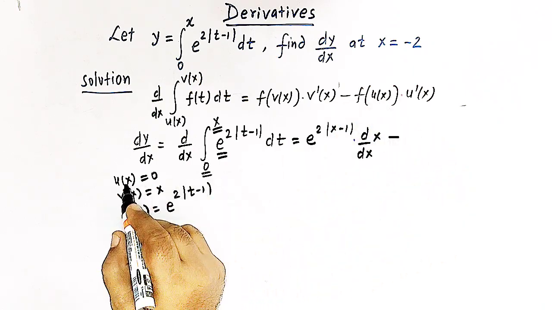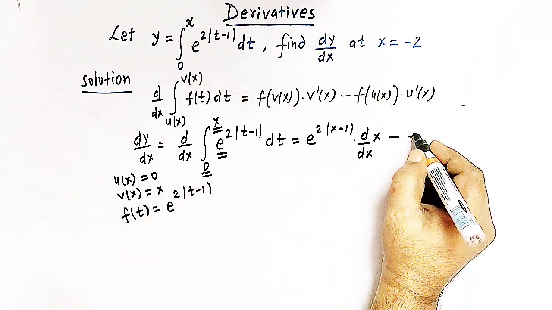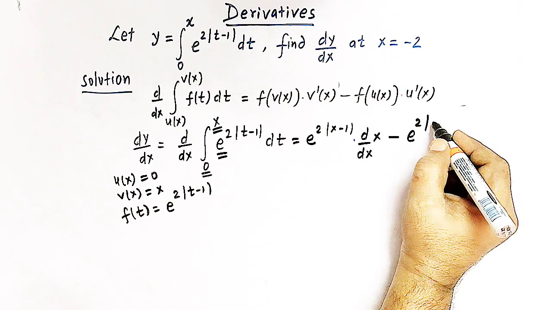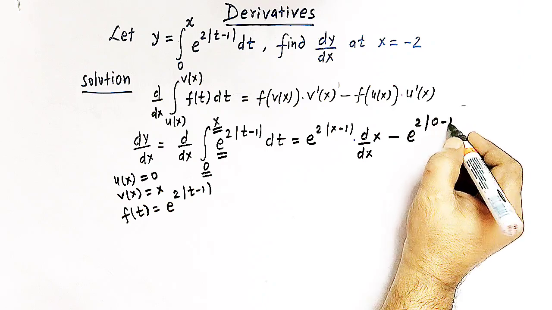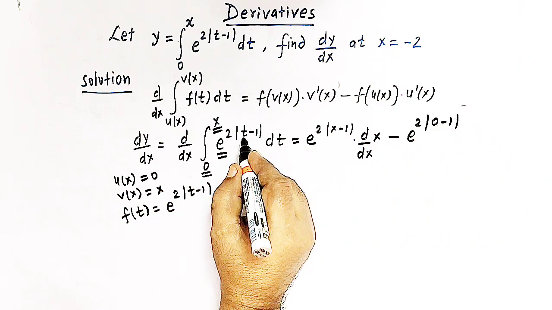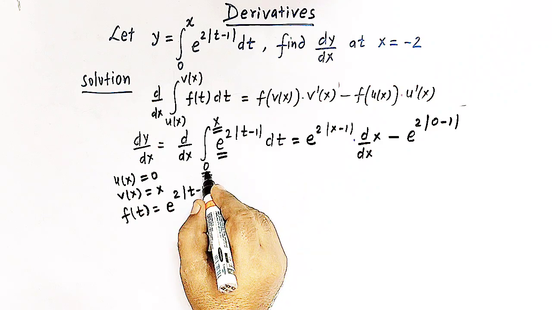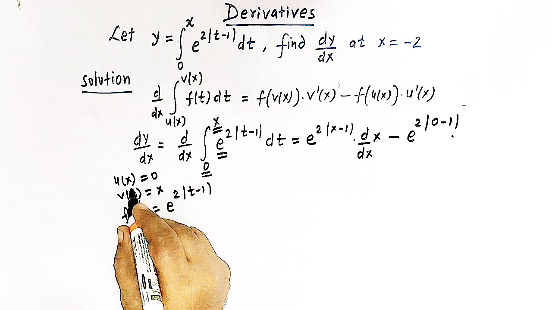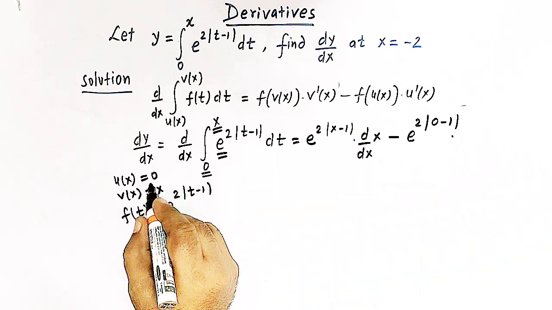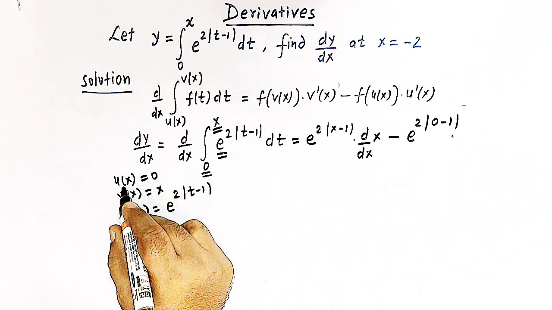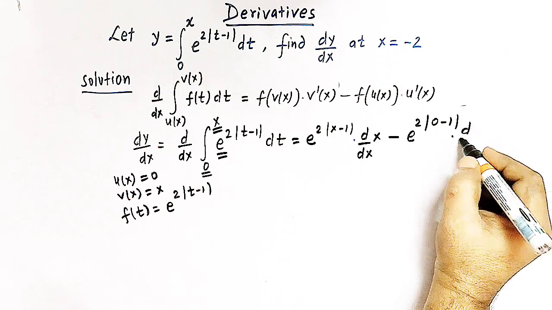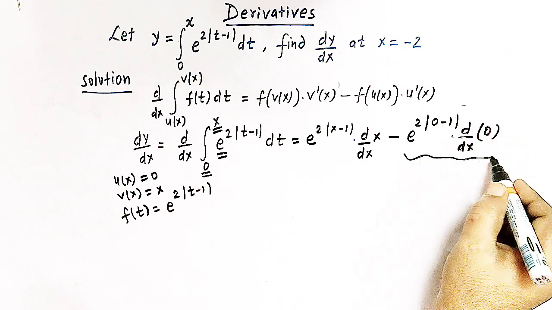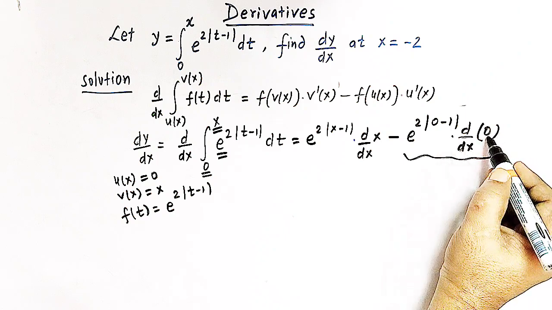Now u of x is equal to 0, so we can write e raised to 2 times the absolute value of 0 minus 1, because we replace t by 0, and then we differentiate u of x with respect to x. The lower limit u of x is 0, so we have d by dx of 0, and this quantity is equal to 0.